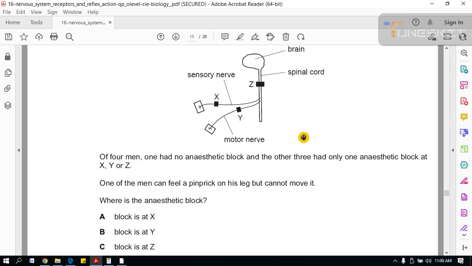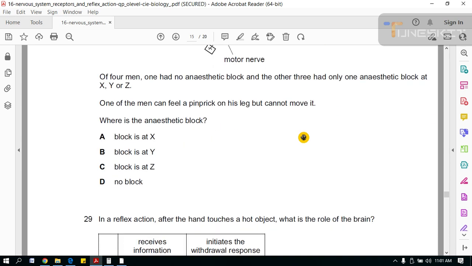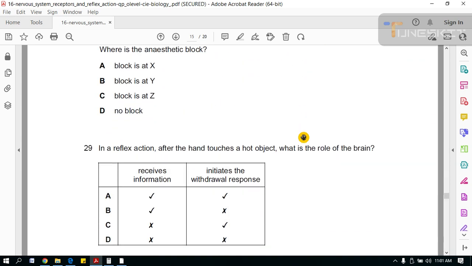But after feeling that pain, the person is not able to move his leg, so it means the motor neuron is blocked. Where is the motor neuron? Its function is to initiate the function of the effector. So motor nerve means Y. It is blocked at Y. So option B is correct.